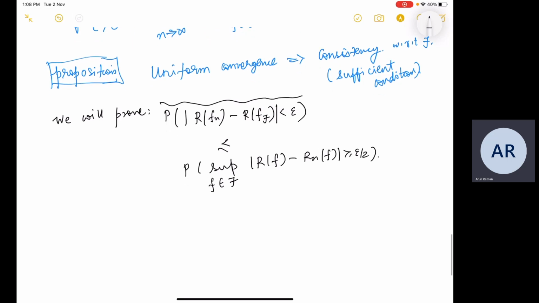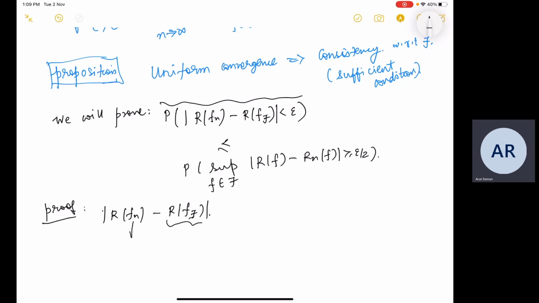Okay, so the proof comes by using the definitions itself. If we consider the argument of the probability in the left hand side, by definition, the risk of f subscript script F is the smallest in the whole class.